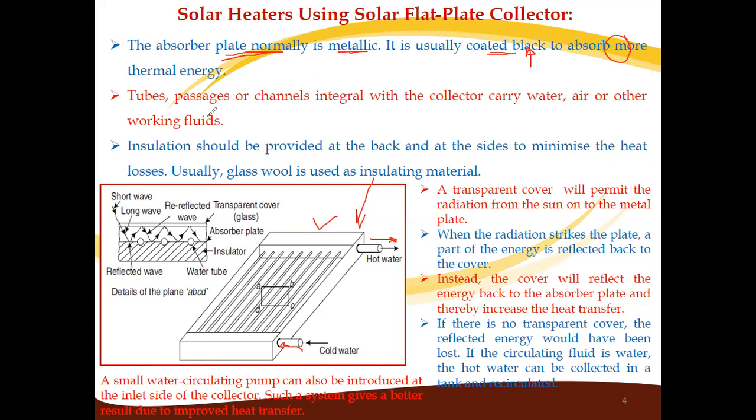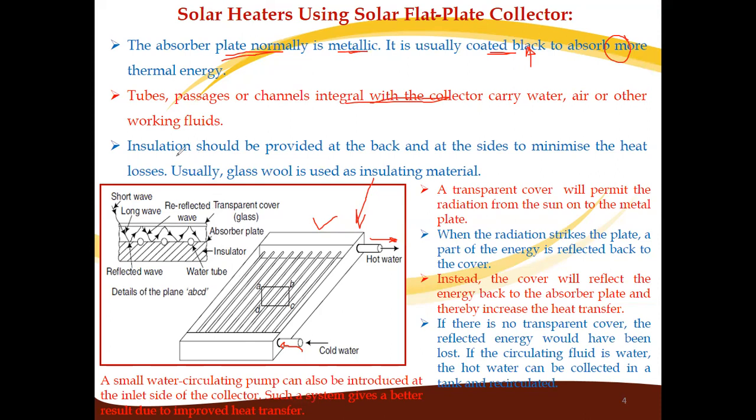Now tubes or passage or channel is integral with this collector, which carries either water or air or any other working fluids. So we can heat the water, air or any other working fluids, and these tubes or passages or channels are the means by which we can flow this working fluid.